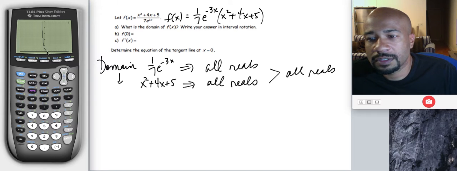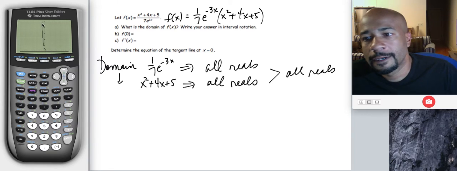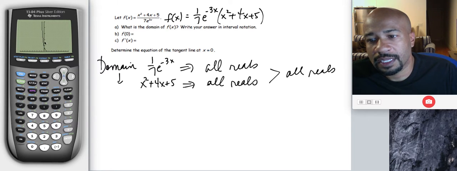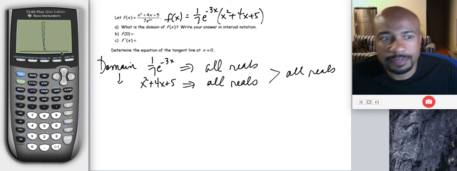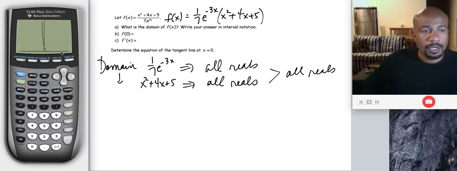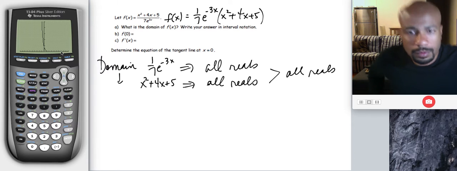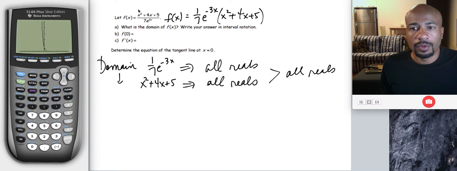So if you notice, because it's the exponential and it's the negative exponential, you're going to notice that it's going to approach the x-axis but never touch it. So we know that this value right here will always be greater than 0. It'll be strictly positive. Right?